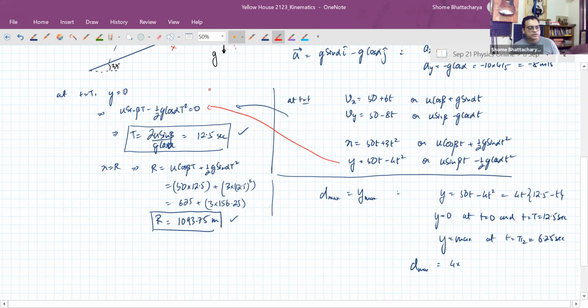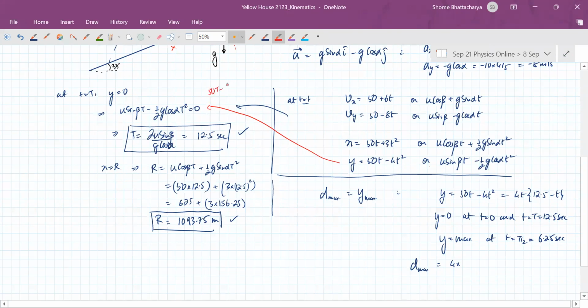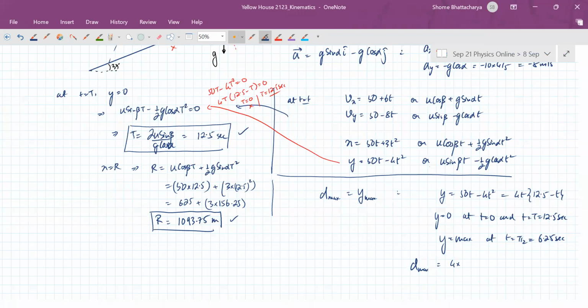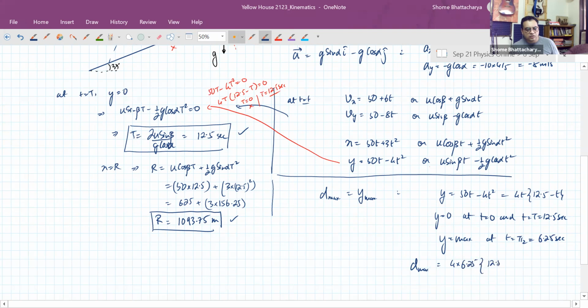So this is basically 50t minus 4t square is 0. Take 4t common. See, you're getting the initial time and the time of flight. Okay, it's all right, the calculation is clear.